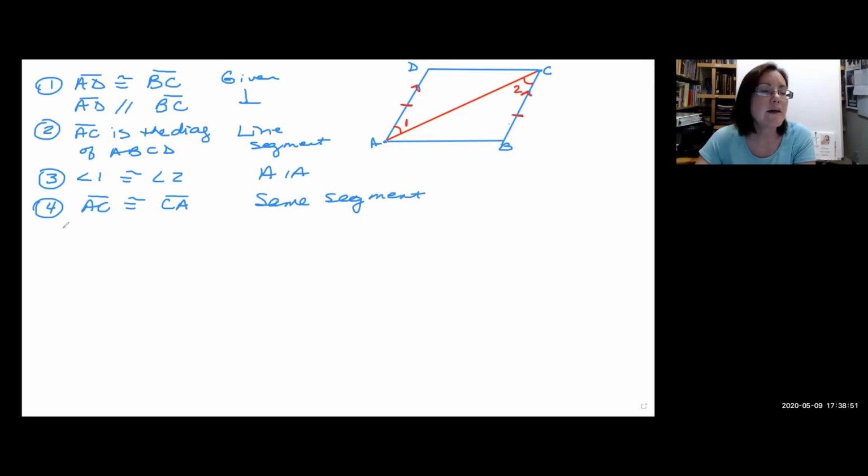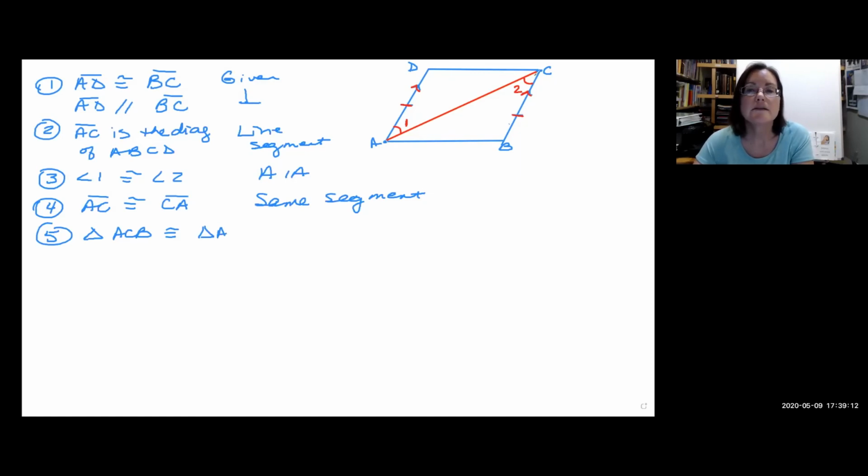Now I can make these 2 triangle congruency statements. Triangle ACB is congruent to triangle, let's see, make sure I get my orders right.